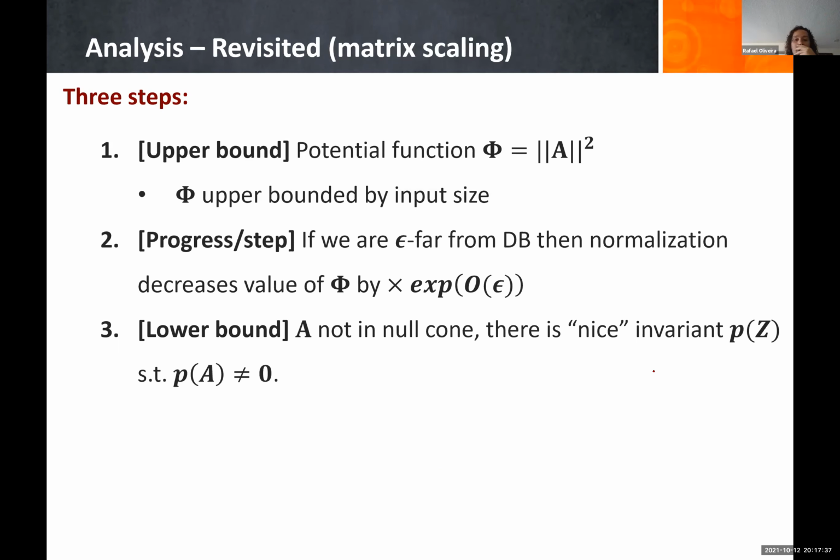Okay. And the lower bound here was, if you remember, if A was not in the null cone, there is a nice invariant polynomial P such that P of A is different from 0. As Ankit mentioned, one of these invariants is the permanent, which was nice, but there's an even nicer invariant, the matching monomials.